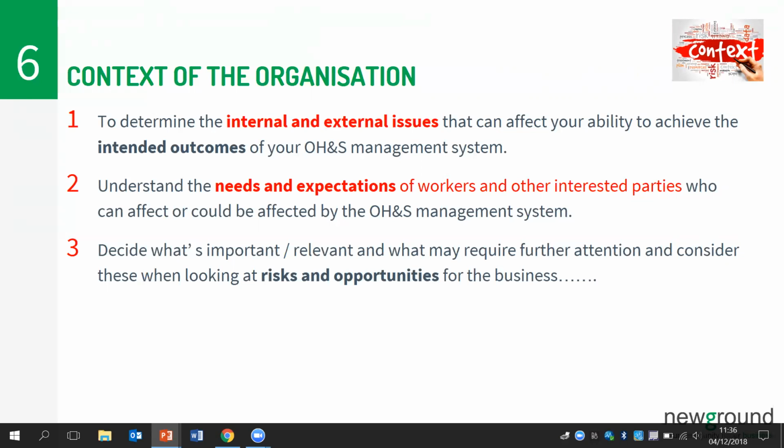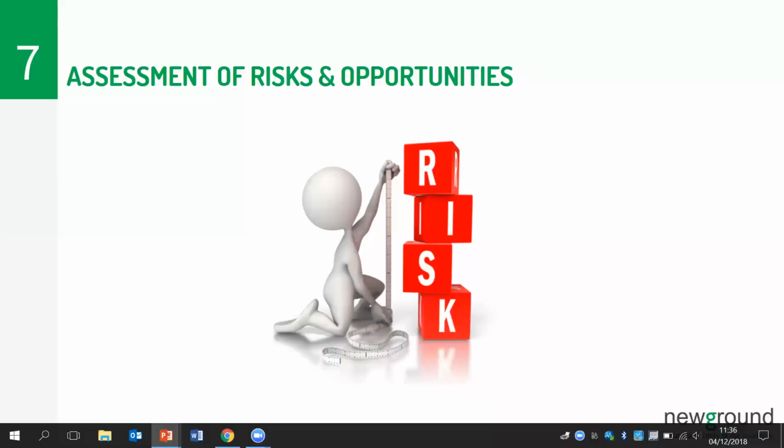And the outcome of this work is that you should have established an understanding of what is important or relevant to your business, what may require further attention, and consider these when looking at risks and opportunities for the business. Which leads me on to the next most significant change, which is the assessment of risks and opportunities.